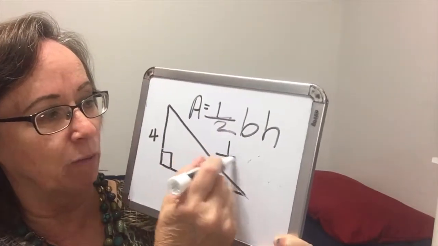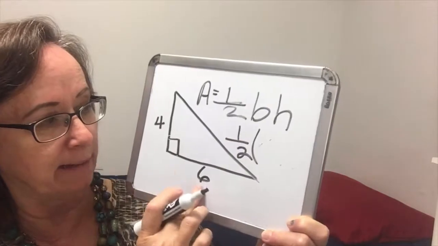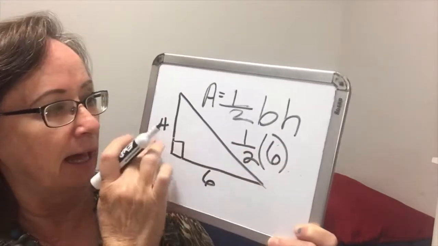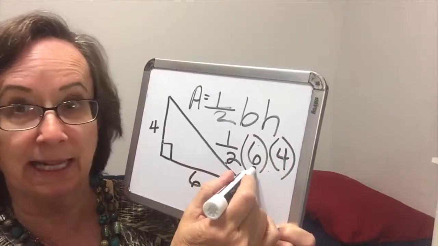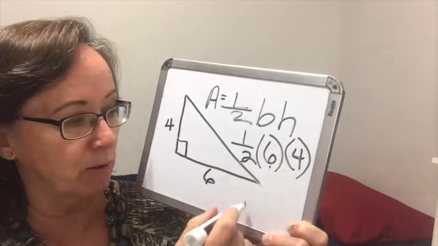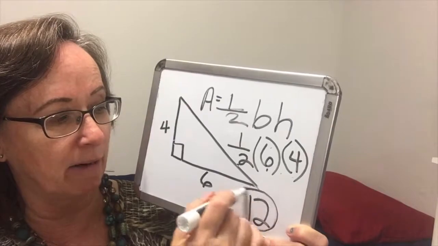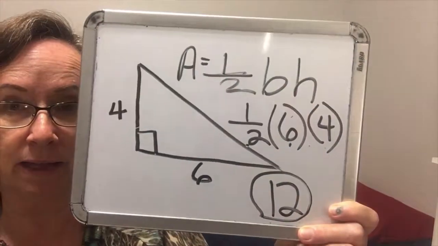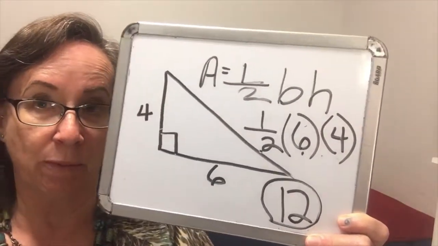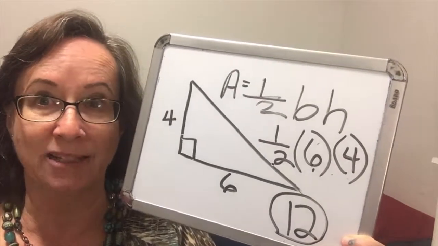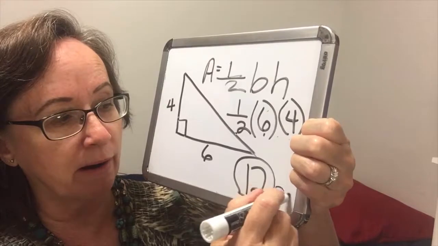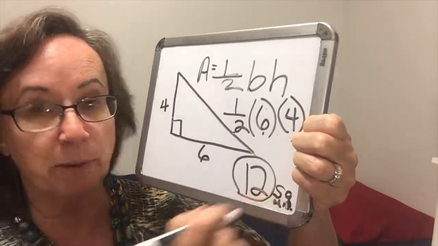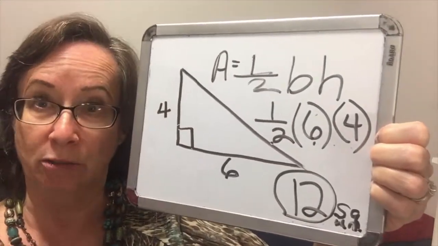We would have 1/2, and the base in this one is 6, and the height is 4, and 1/2 of 6 is 3, and 3 times 4 is 12. So the area of the triangle is 12. And since that's area, we would put it in square units. So we'll just say 12 square units there.